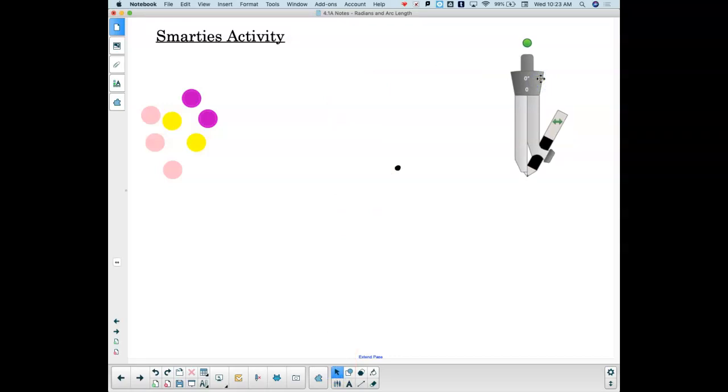Then what I would like you to do is draw yourself a straight line from your dot directly out to one side. Straight out. I don't care which angle it goes at.